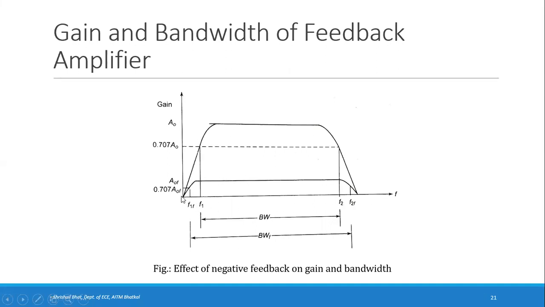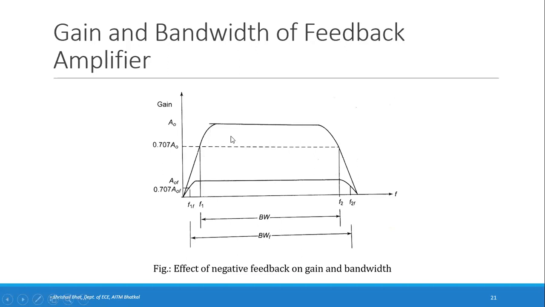So for the lower frequencies, as you increase the frequency, the gain will increase, and at a certain point, the gain will become constant. That constant gain is called the mid-band gain. Again, when the frequency increases further, the gain will decrease.